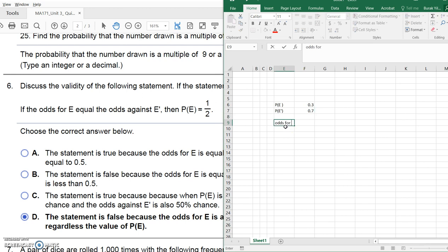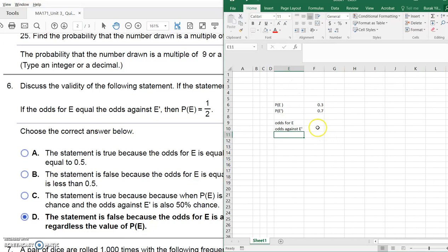So that means we need the odds for E and odds against E prime. Okay, so let's figure these out. Odds for E: E is happening in 3 different ways and not happening in 7 different ways.